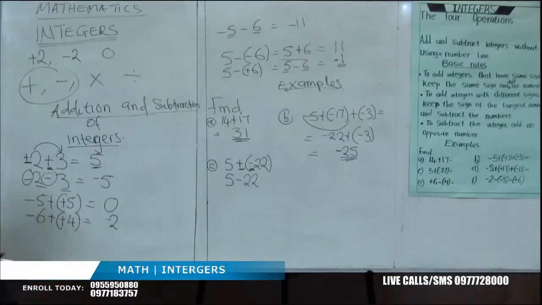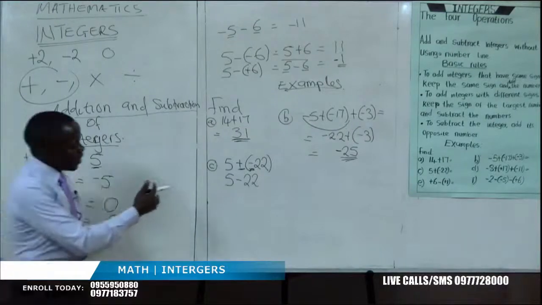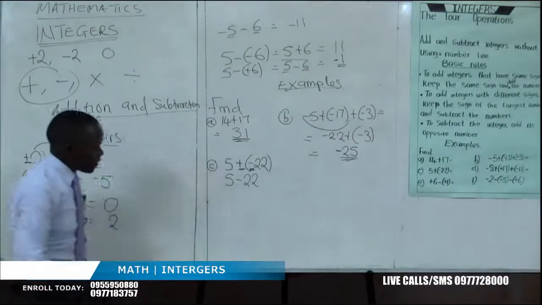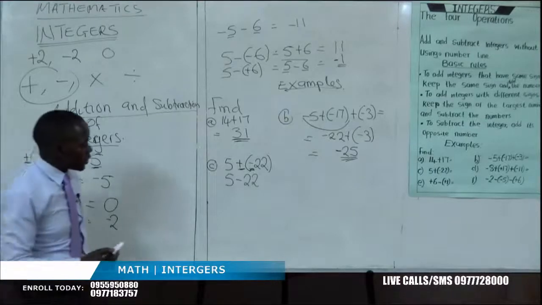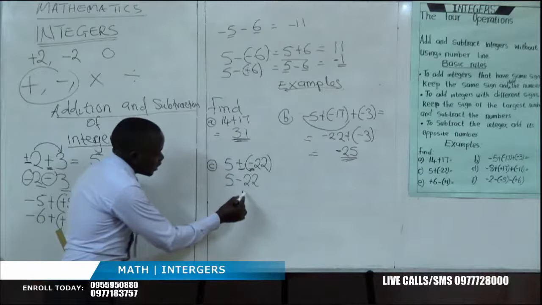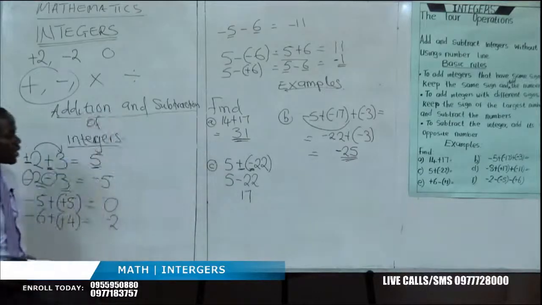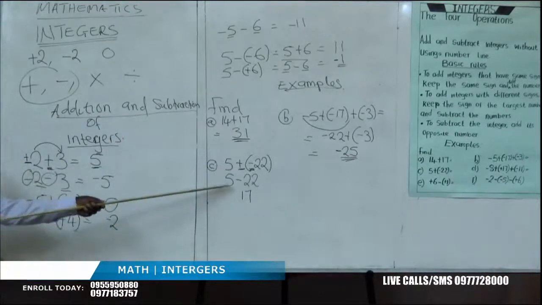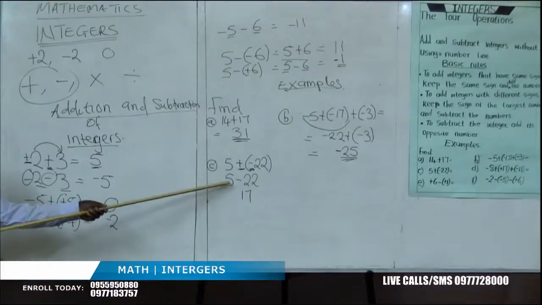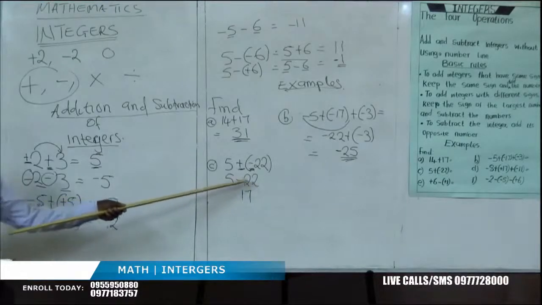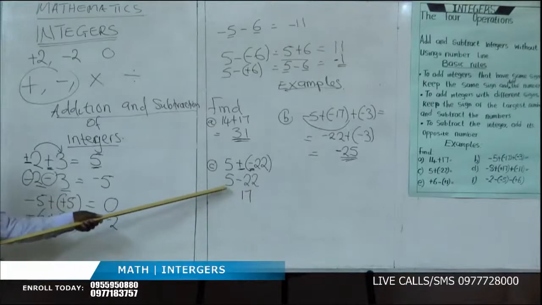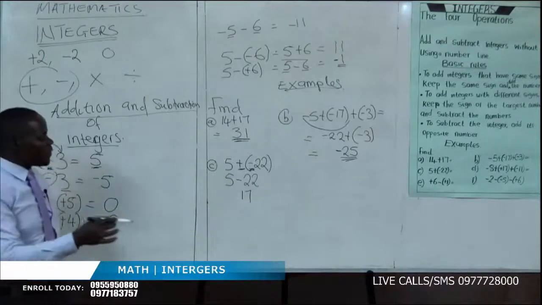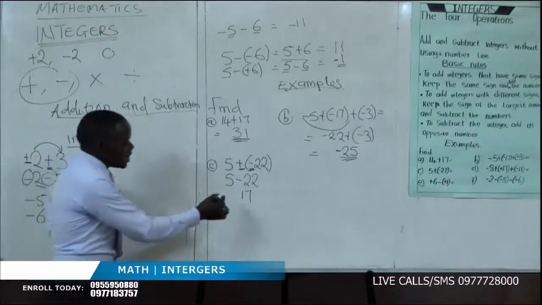So let's try to subtract there. 22 minus 5, what do we get? We get 17. Good. So once you get 17 here, you check the integers that you have here. This one is positive 5, and here you have got negative 22. Now 22 is bigger than 5. So you carry the sign of the bigger number, which is negative.